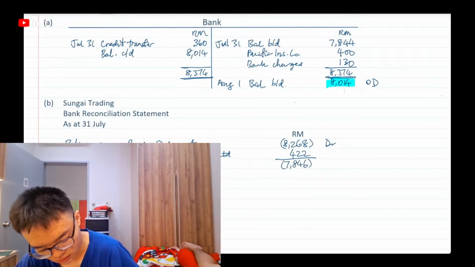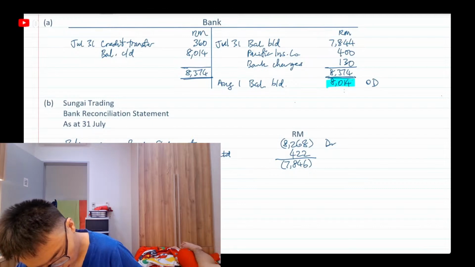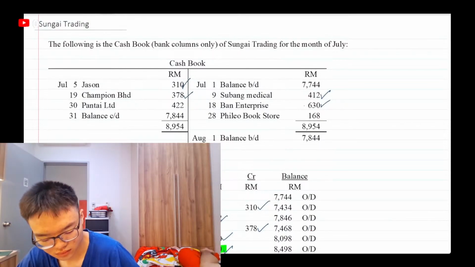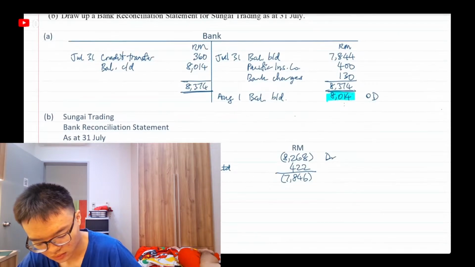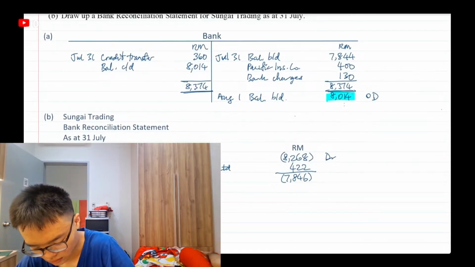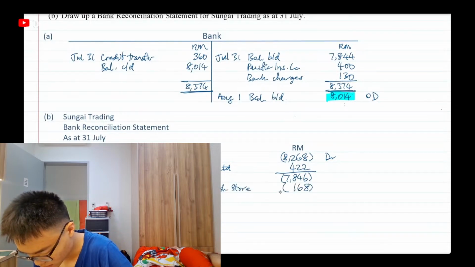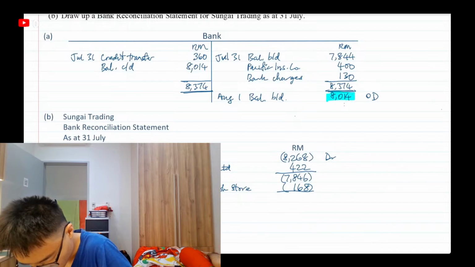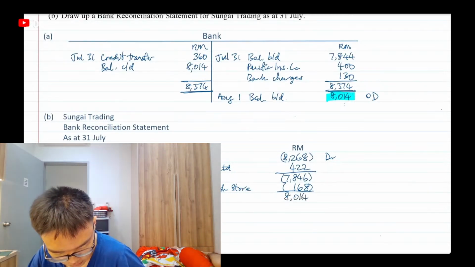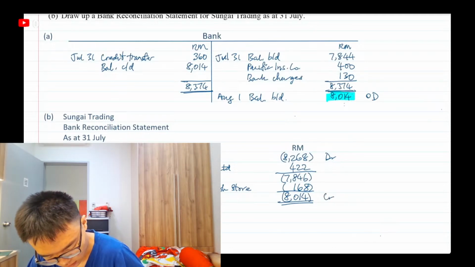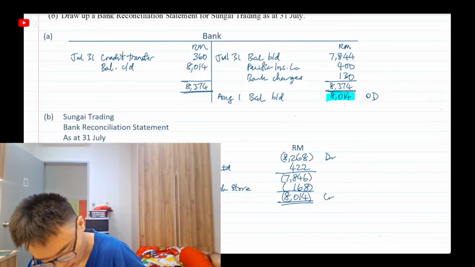Then we less unpresented check. So the unpresented check is 168 ringgit payment to Serial Bookstore. Minus, so you put a bracket around the number, and our final balance will be 8,014 ringgit. Alright? This is also negative, that means this is a credit balance. So this should be our balance in our cash book.